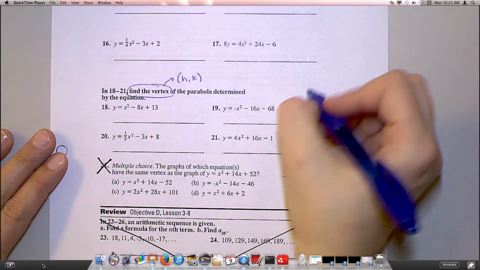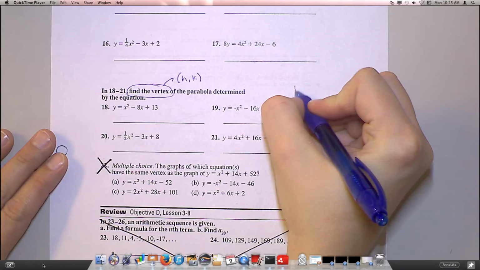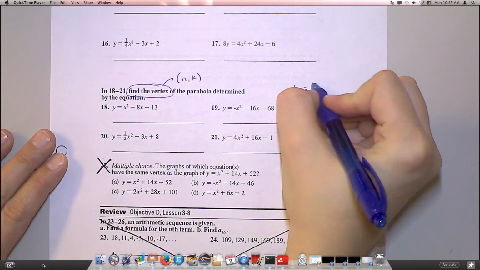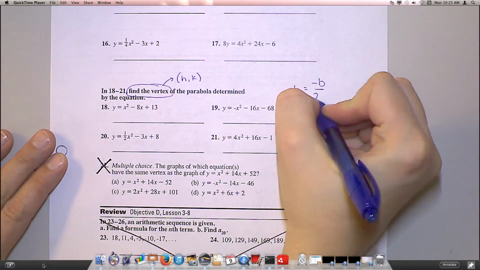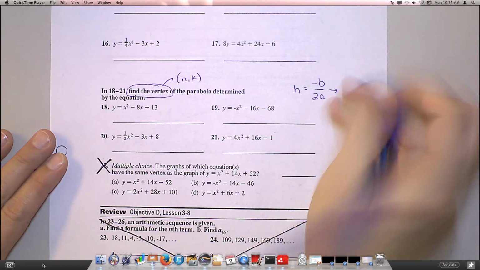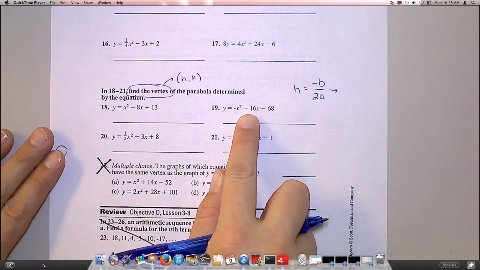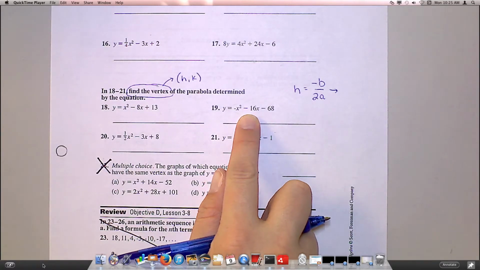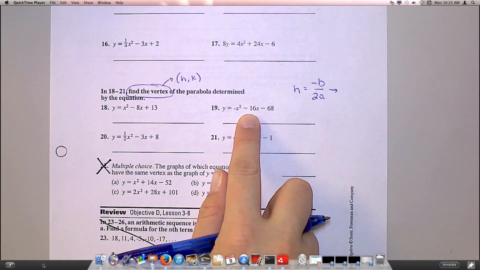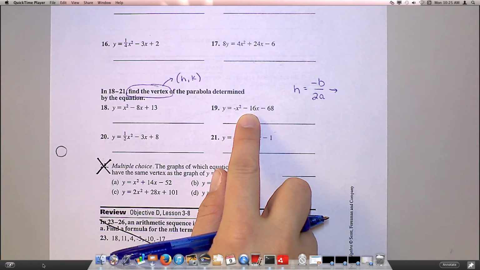So here, if I wanted to find H, and I guess I'll move off to the side here. Remember, H is negative B over 2A. So what would I put on top there? Right, because that is really, my B value right now is negative 16. But when you make a negative number negative, it's going to turn it to be positive.